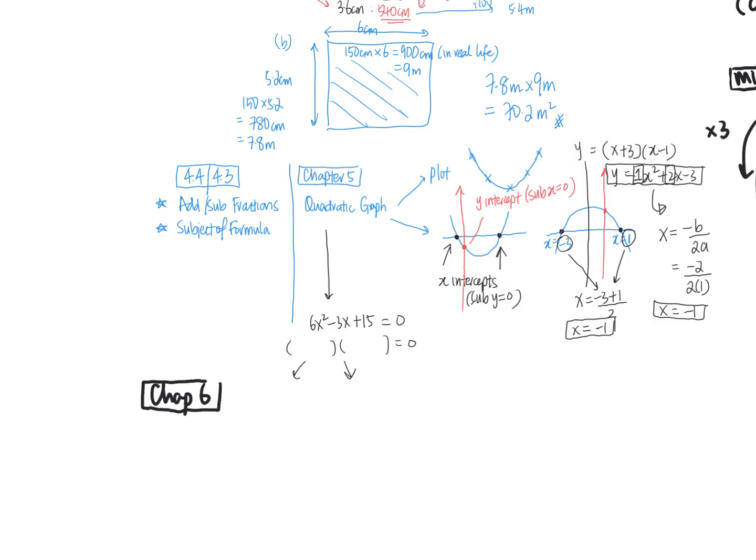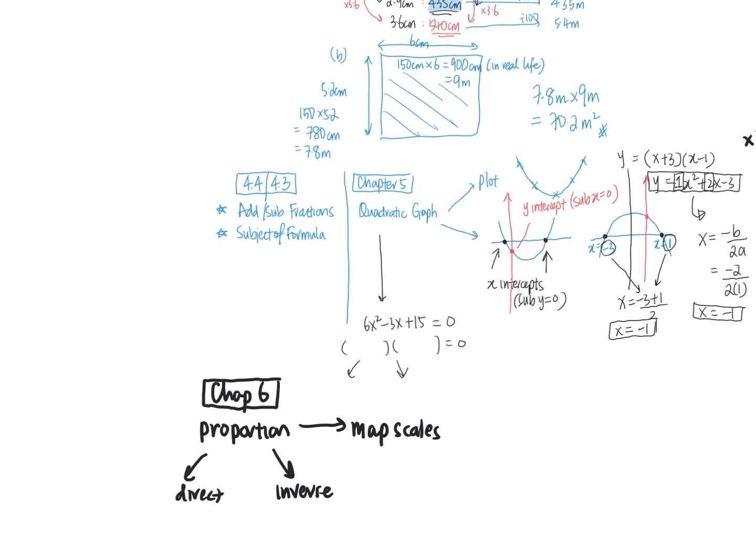Okay, chapter 6, we have proportion, direct or inverse. Direct, inverse, and map skills. Okay, these three things. Other than that, there's also congruency, similarity. Congruent means exactly the same. Similar means they are proportional.